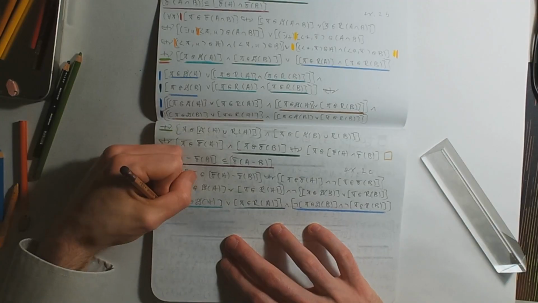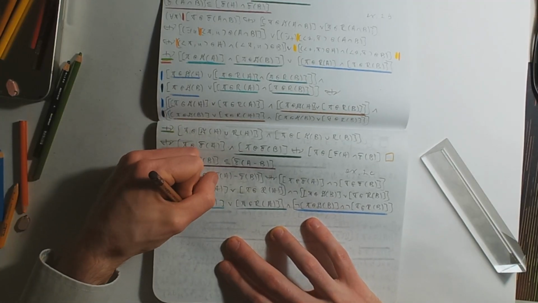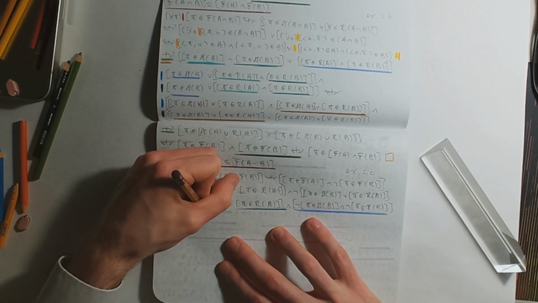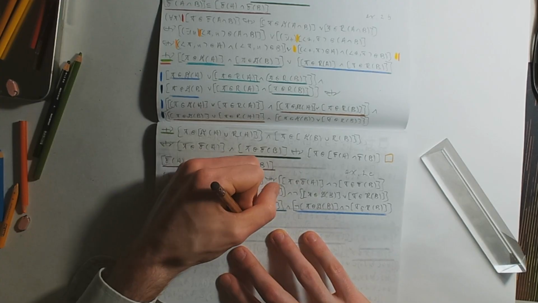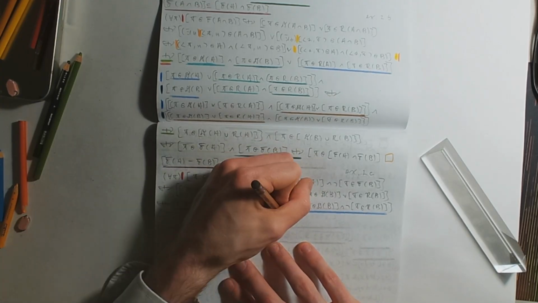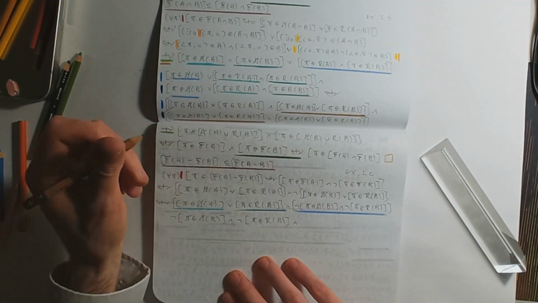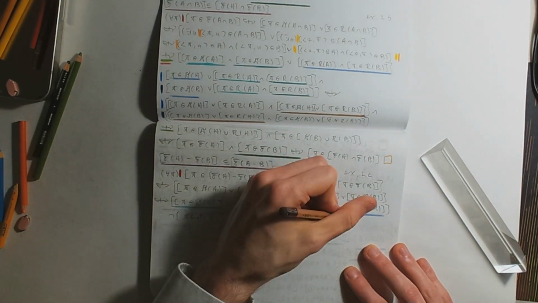So we're going to have not t is an element of the domain of B, and not t is an element of the range of B, and t is an element of the domain of A.